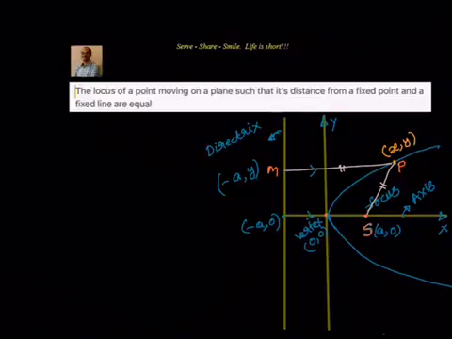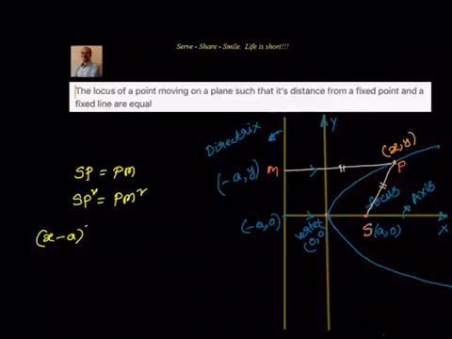Now we know that the equation should be SP equal to PM according to the definition. So we'll write down SP equal to PM, or can we say SP square is equal to PM square. What is SP square? SP square is nothing but x minus a whole square plus y minus 0 whole square, which is equal to PM square.